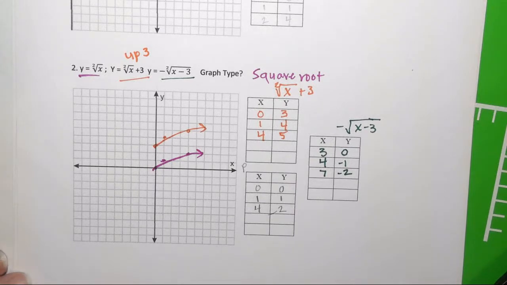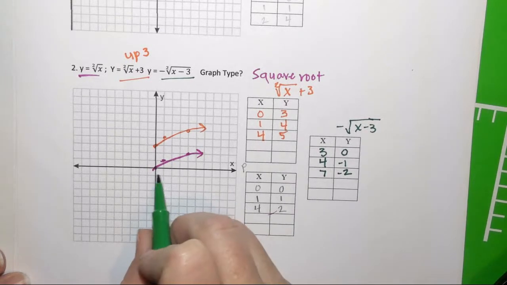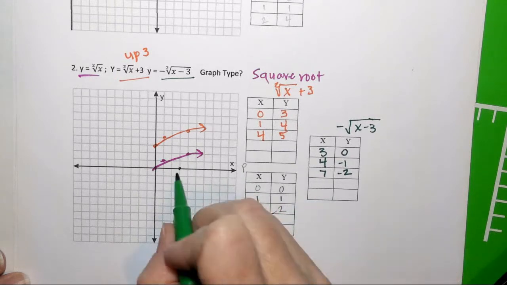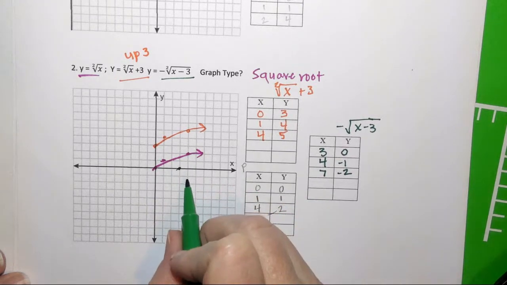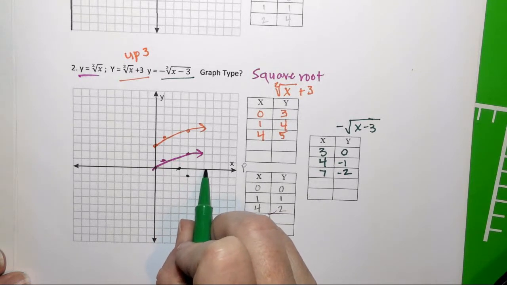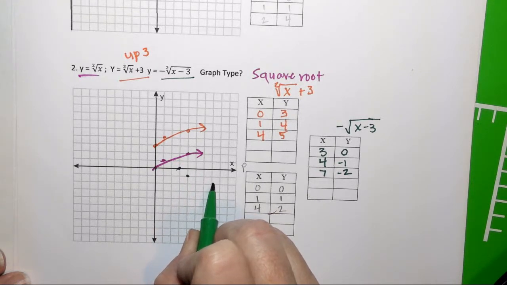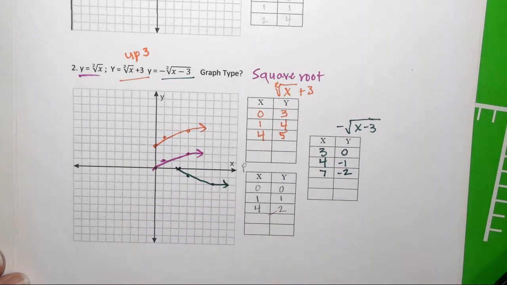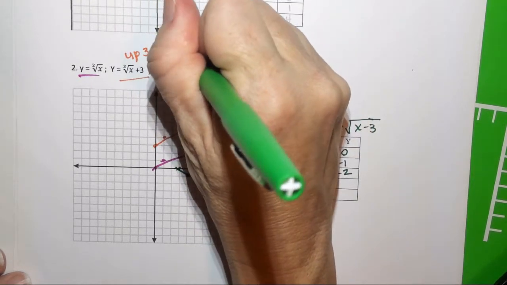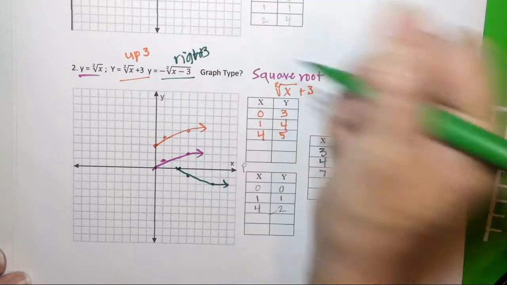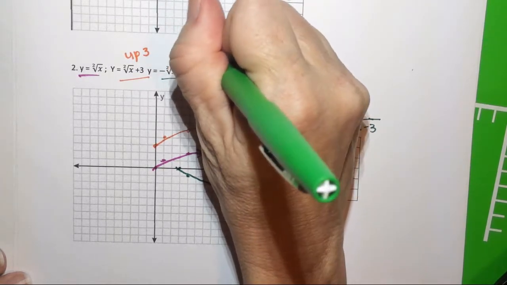So what's going to happen here when you graph it? Now what happened? It has shifted right 3. Sorry, it's kind of hard to read.